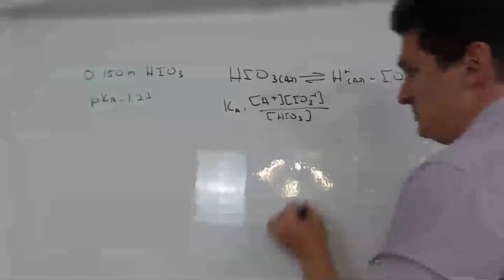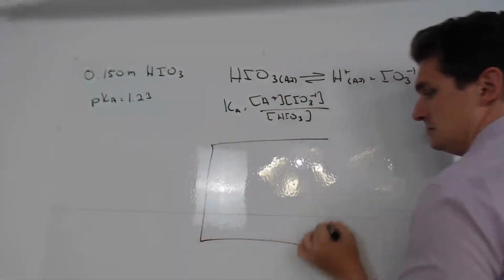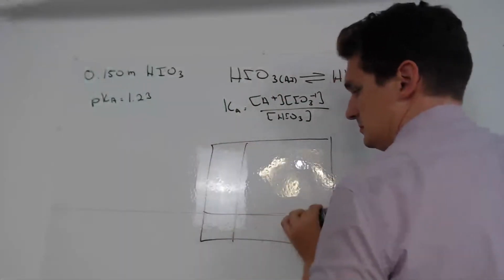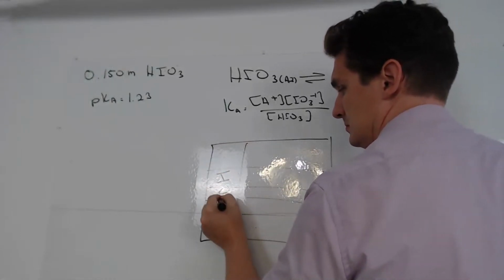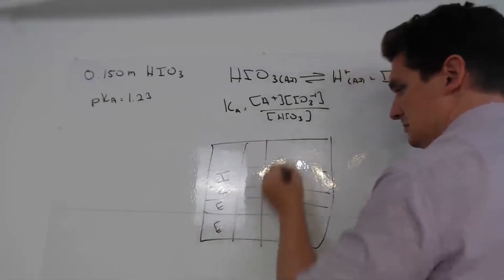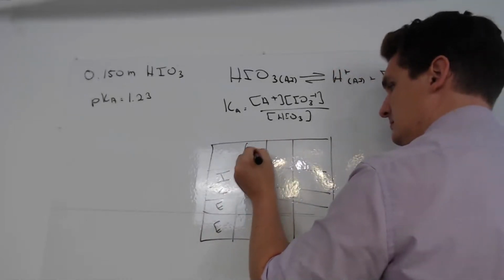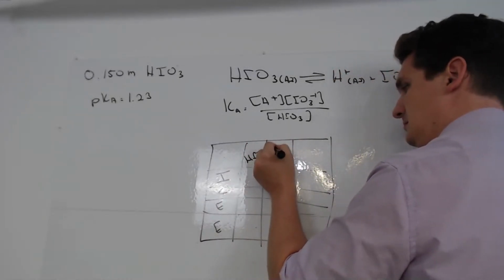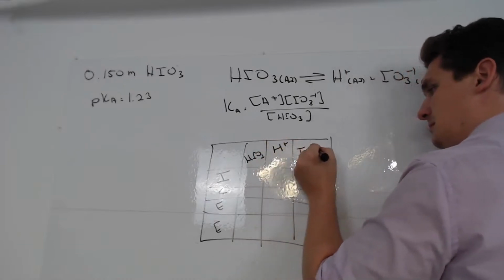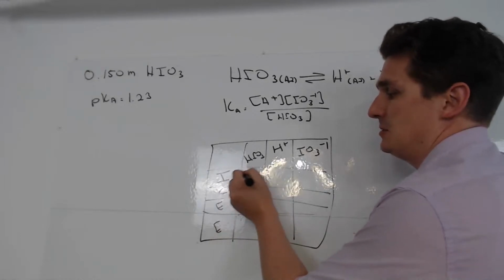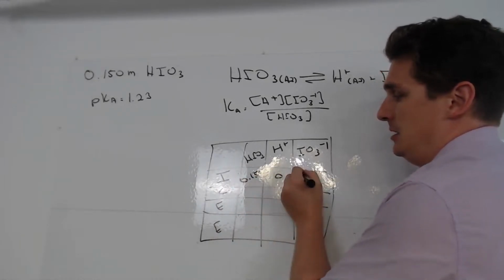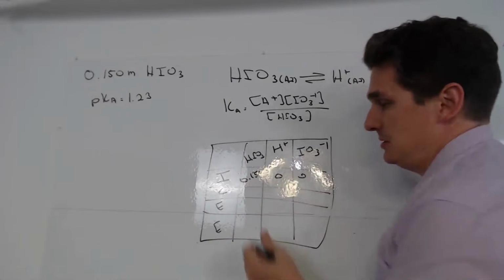Need our IC table. Initial concentration of the HIO3 is given to you as 0.150 molar. We're not given either of these, so we treat them as 0.